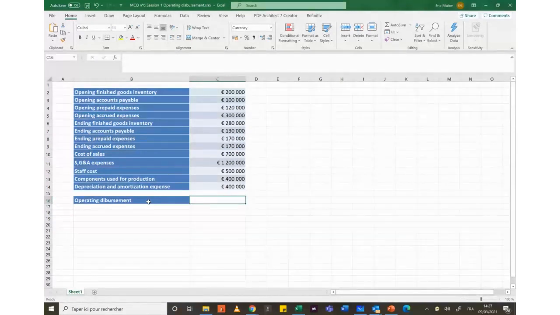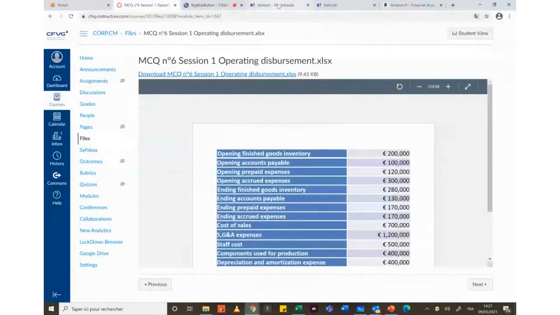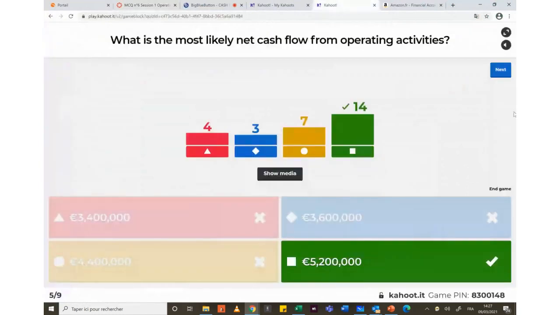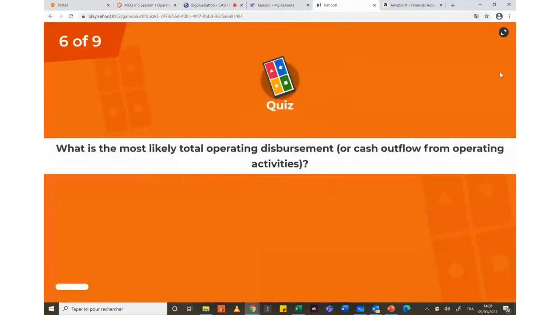From all this information, in your opinion, what is the cash outflow because of the operating activity? I show you the question and you have 4 minutes to do the calculation, using the Excel file.